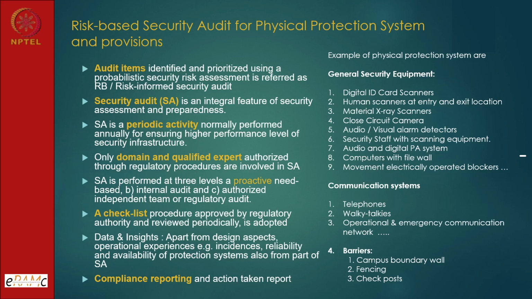If you address 20% of the components or 30% of the points, you should achieve 80% coverage. Okay. So here also it is the same thing. So that's why risk based audit is there. It identifies and prioritizes the number of points that need to be checked or maintained, or any repair has to be done.